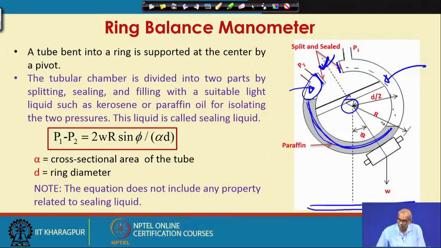One can also take glycerin. These ends are connected to the pressure source which I am going to measure. So, I am going to measure differential pressure. So, I am connecting this to two different pressure sources P 1 and P 2.